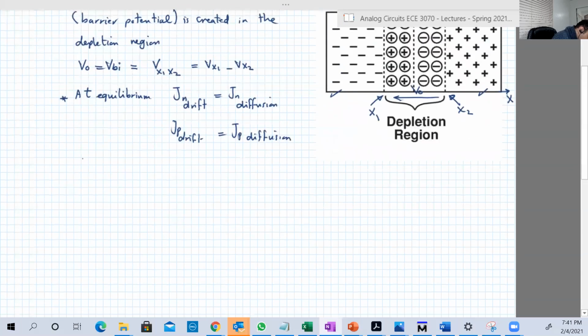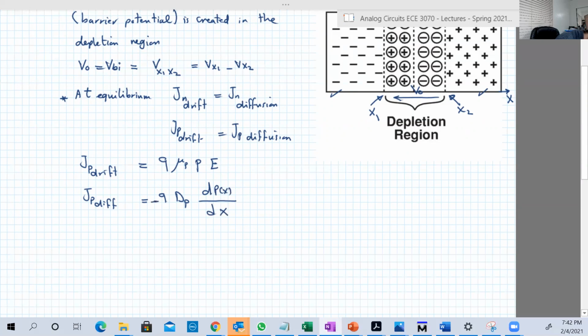Okay, so Jp drift is equal to q mu p p E, and Jp diffusion is equal to minus q Dp dp(x)/dx.